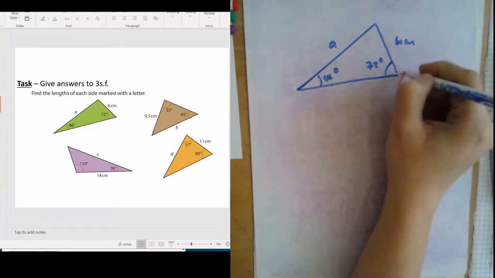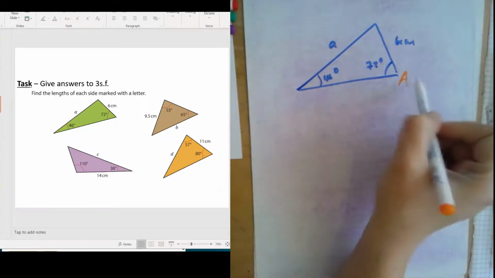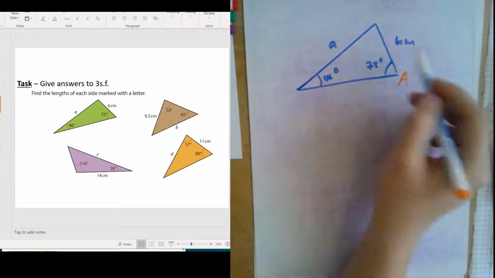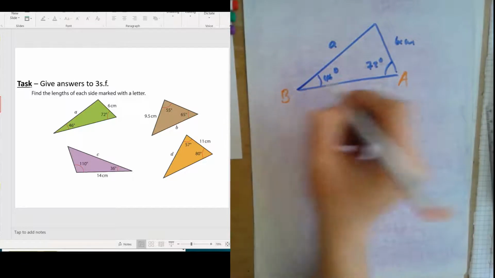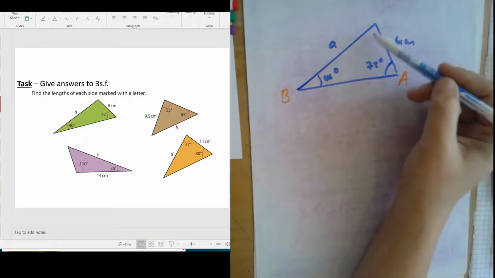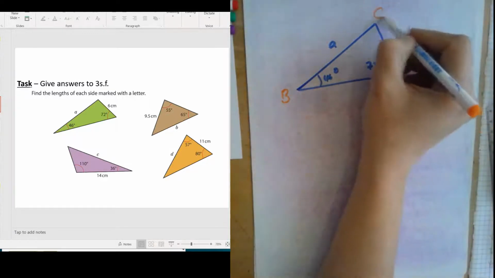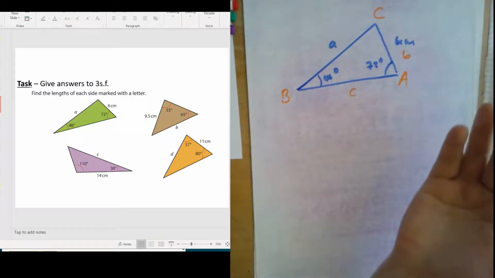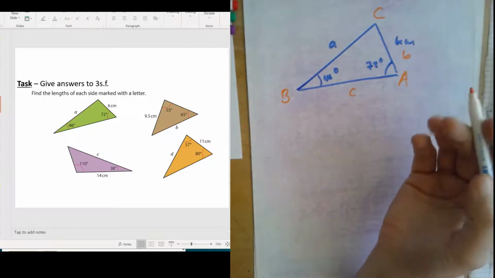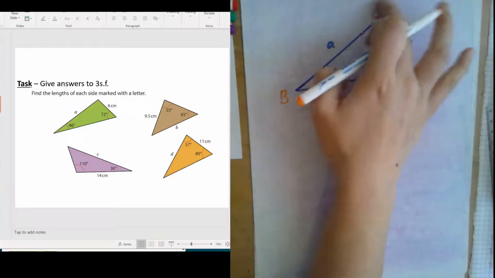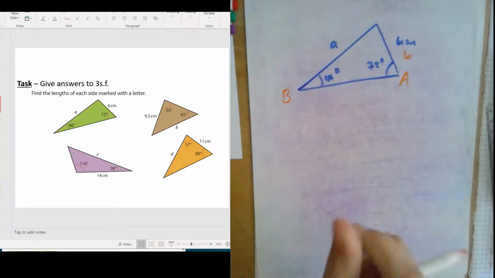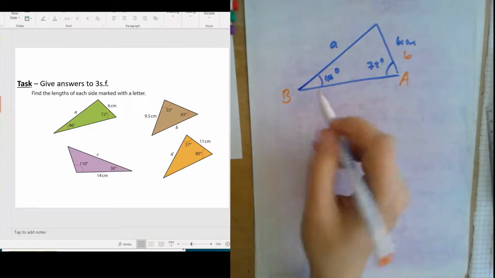There's my small a, there's my big A. So opposite angle to the side, that's the way I'm labeling it. This one, I don't really have a label, so I'm just going to put b and B. You'll notice I don't have this angle this side. Doesn't matter. If you do want to label it up, that's fine. I personally don't see a need for it. So because I don't have c, I am just going to use the a and the b.